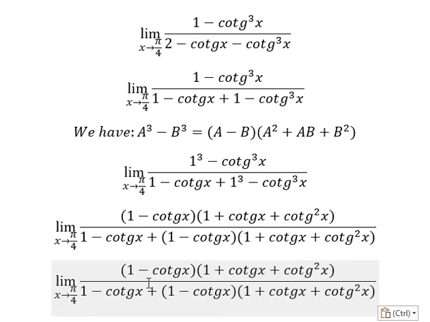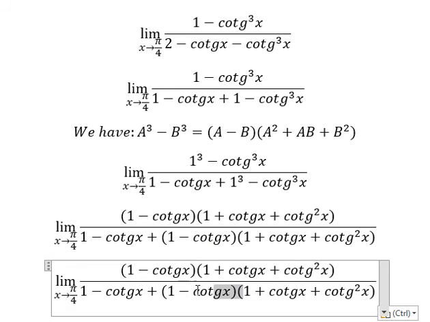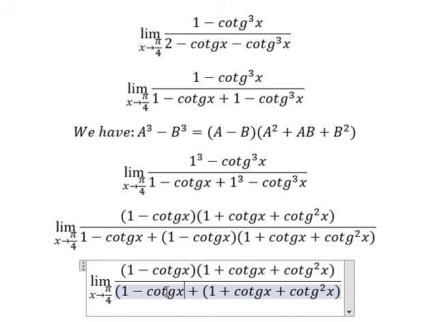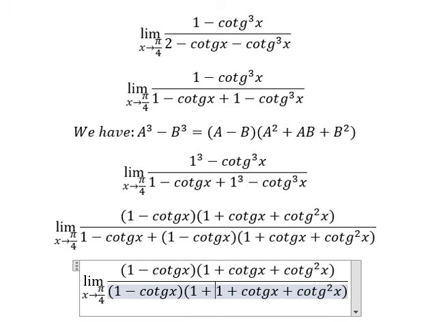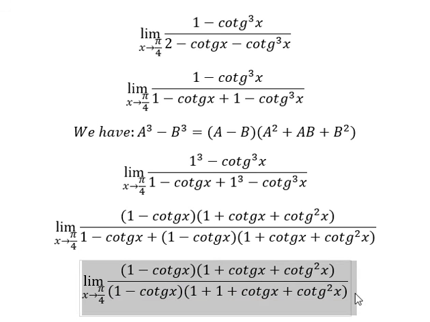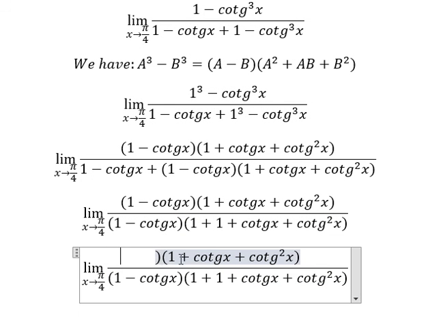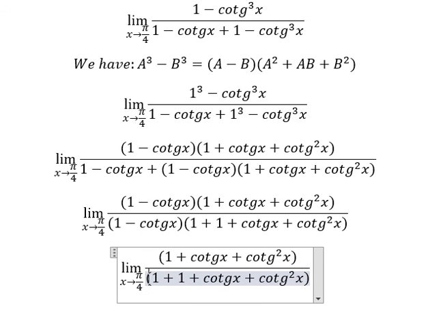Next, 1 minus cot x and 1 minus cot x, we can do factorization. Now we need to simplify this one on the numerator and denominator.